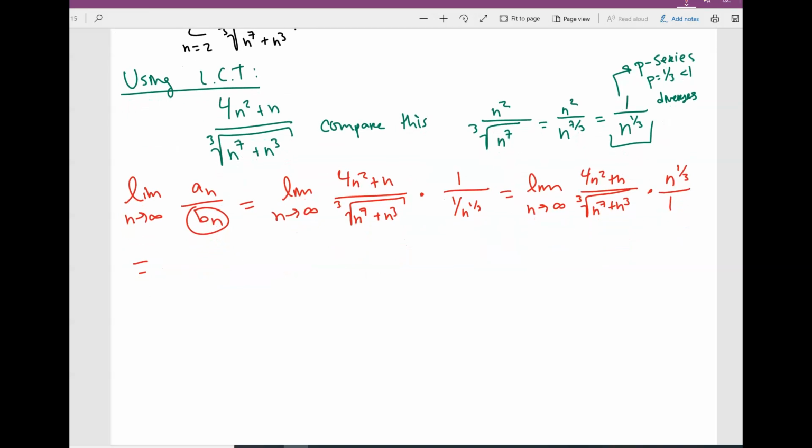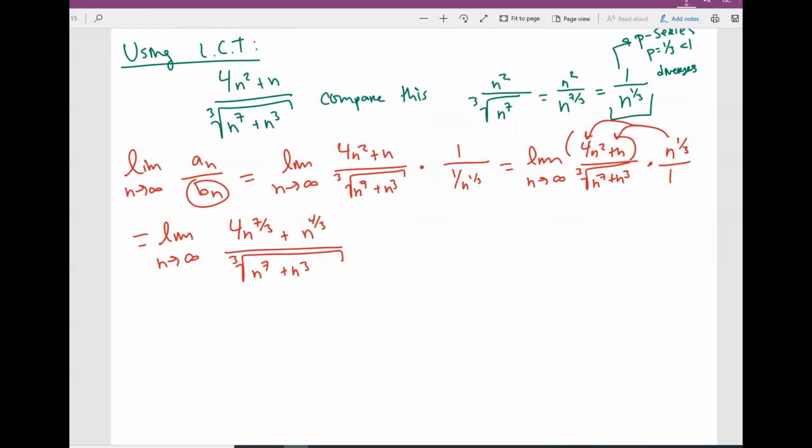Now I can distribute this guy to each of the terms. So we're going to have the limit as n goes to infinity. When I distribute that, I get 4n to the 7/3 plus n to the 4/3, divided by the cubed root of n to the 7th plus n cubed. Now I'm going to divide by the highest power, so I'm going to factor out the highest power.